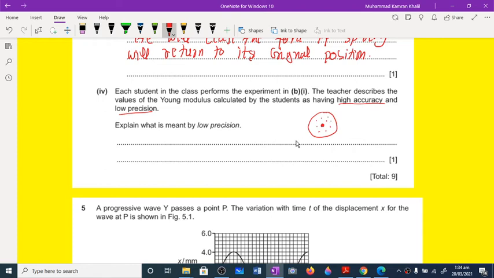So it shows that they have a large range of values. Low precision means that the calculated values have a large range of answers.